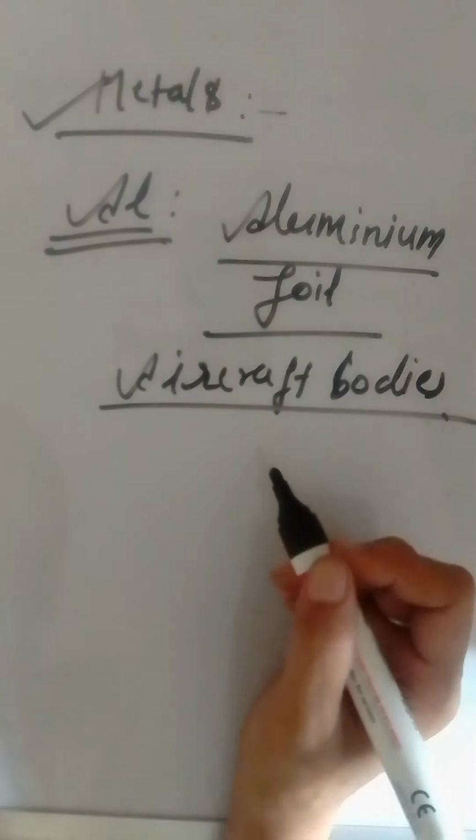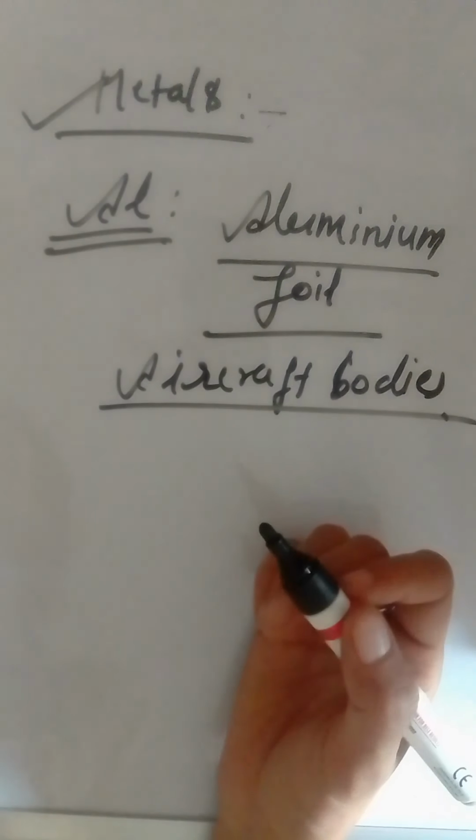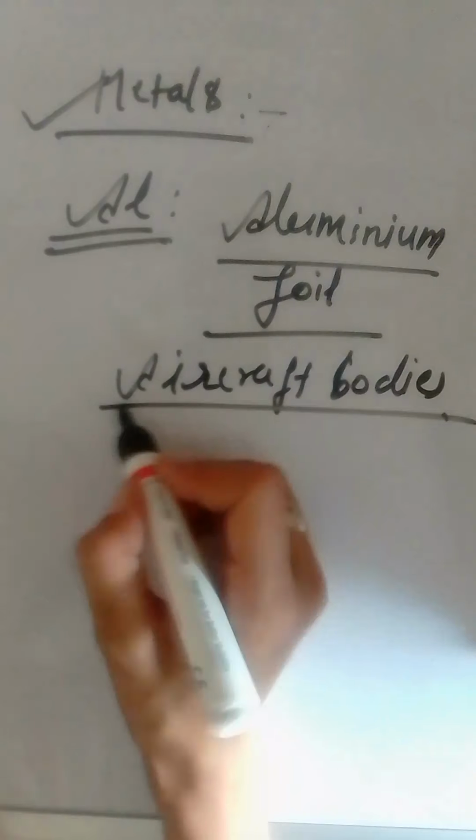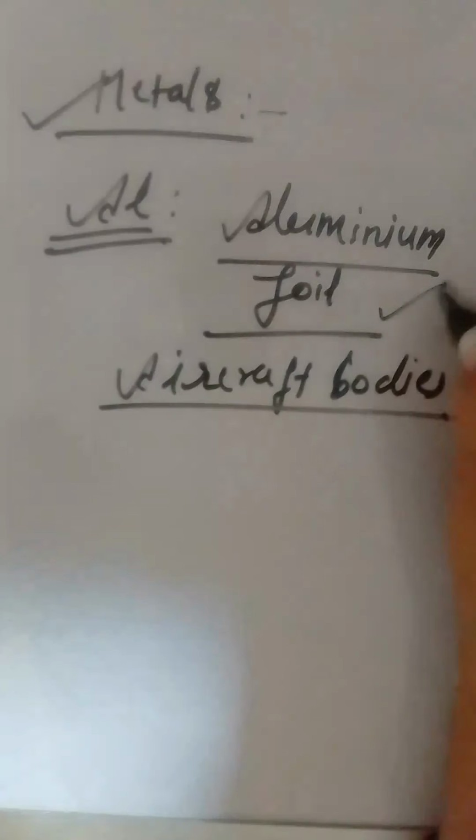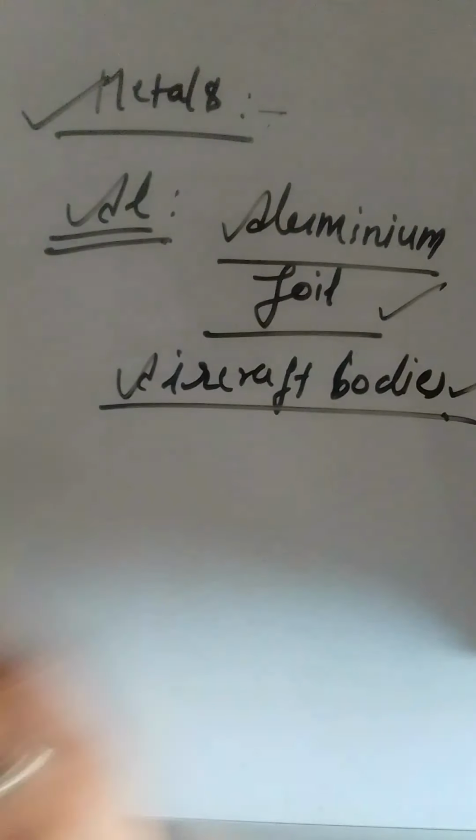Other purposes are also cooking utensils, and it is also used in other common household things. But commonly aluminium foil, aircraft bodies and cooking utensils you can write in examinations for scoring. Other uses you can write also there.